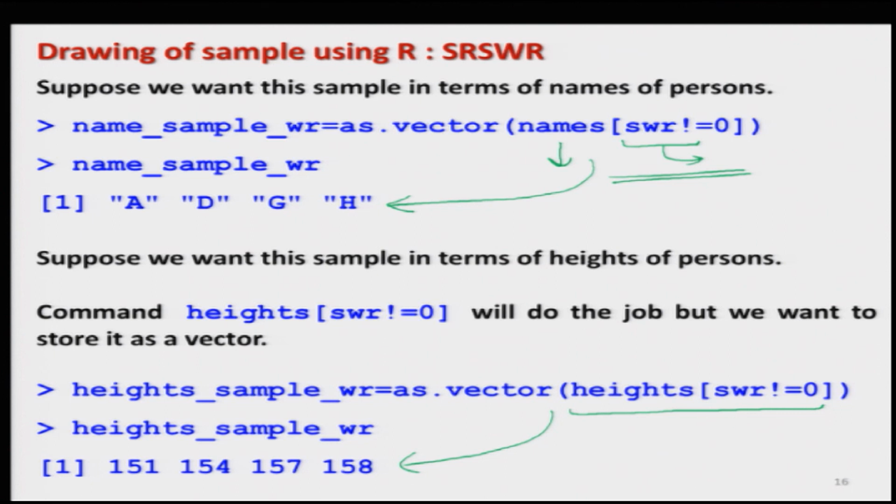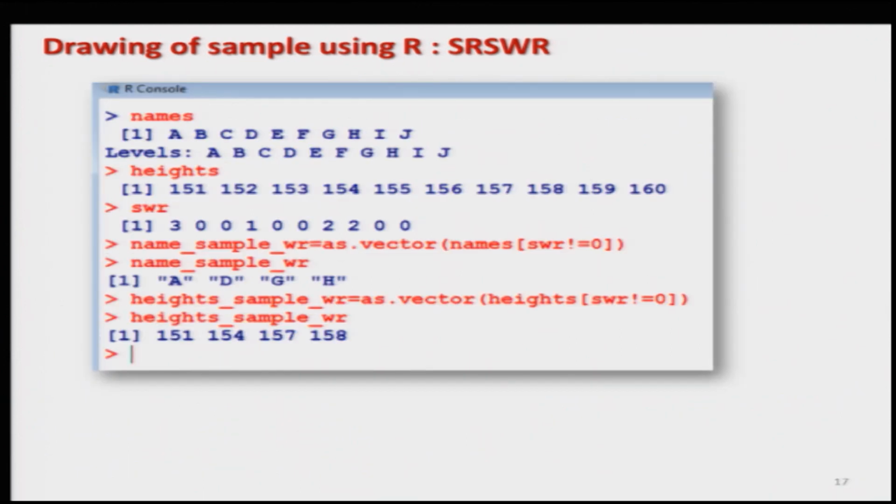So this is how you can do different types of manipulations, and this is the screenshot which I got when I conducted this example on my computer. Now I will show you this entire analysis on the R console, and based on that you can see that these things are working.